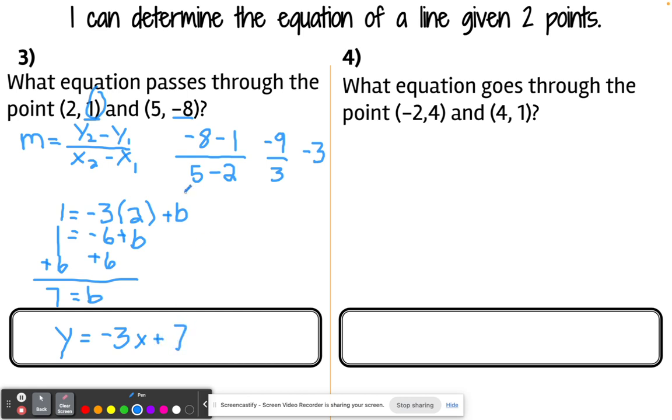Now what if I'd used, instead of 2, 1, I'd used 5, negative 8? Would it still work? Let's see. Negative 8 is my y equals negative 3 times 5, that's my x that goes with my negative 8, plus b.